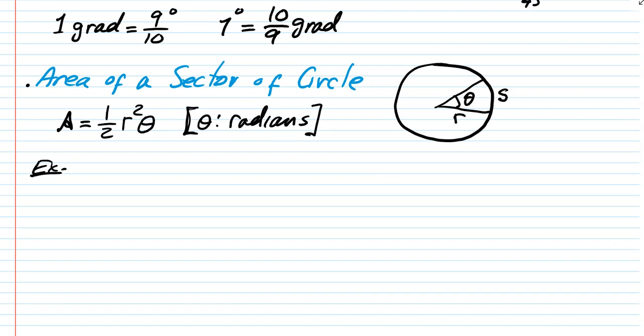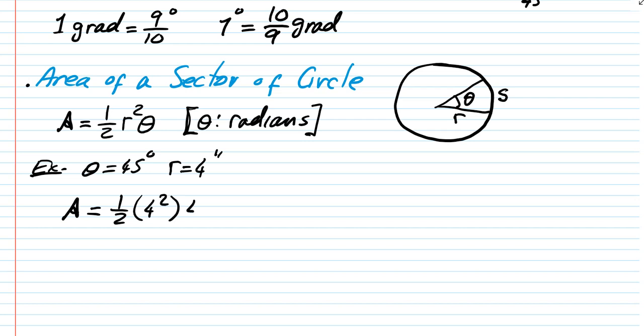Okay, so for example, to show you something, if we don't convert to radians, suppose the measure of central angle is 45 degrees, and the radius of a circle is simply 4 inches, which isn't much. It's shorter than the palm of your hand. Suppose we want to find the area of a sector of a circle with those specifications. If I just simply go to the formula, I have 1/2 r squared, and theta is 45 squared. Notice I'm doing what I'm not supposed to.